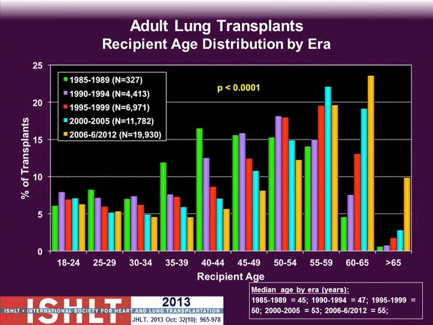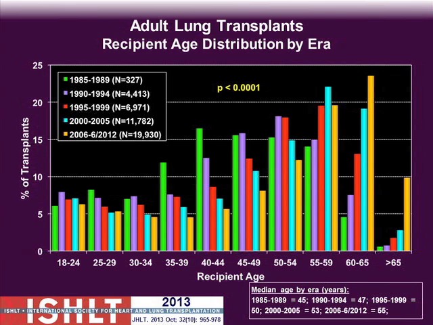Supporting this policy, advanced age has been consistently identified as a risk factor for increased post-transplant mortality. Nevertheless, there is a growing trend, as this slide shows you from the International Society of Heart-Lung Transplant Registry. If you look at the last two blocks of columns, ages over 60 have increased in the past few decades of transplant.